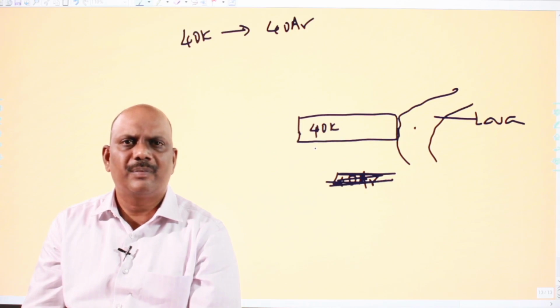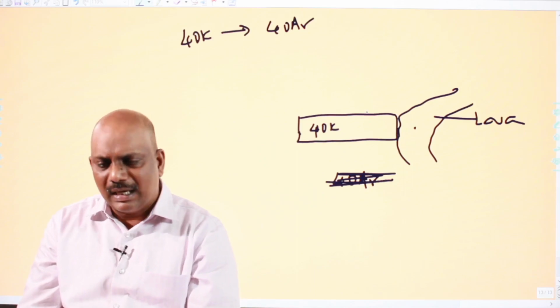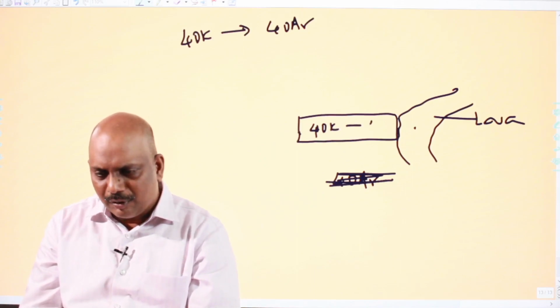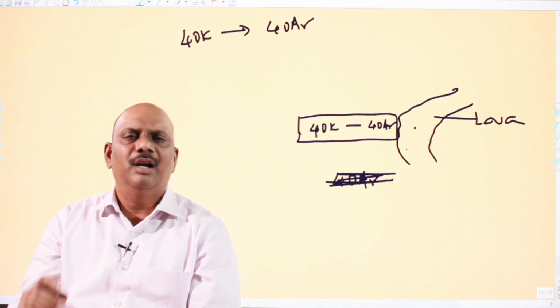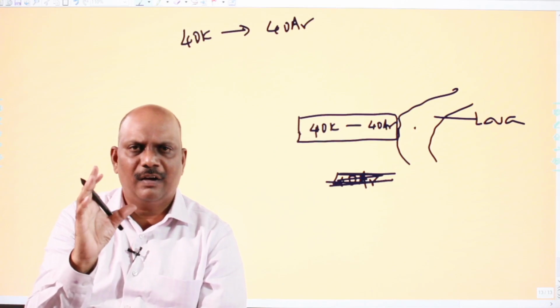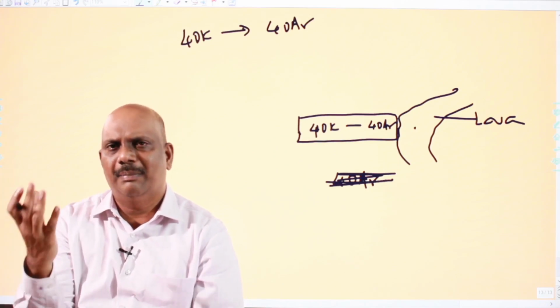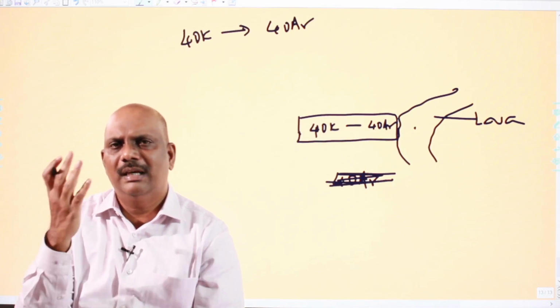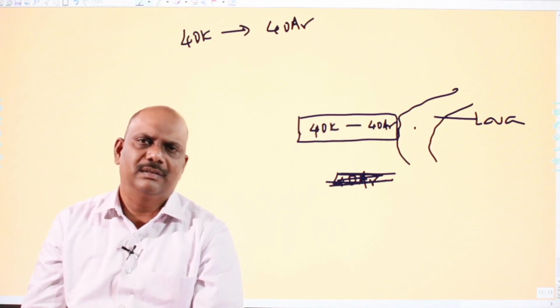After the volcanic event, once again this 40K will decompose into 40 argon. And if we compare the proportion of 40K and 40 argon in a rock, we can identify when exactly the volcanic event happened and what might have been the age of the minerals here and the age of the fossil.